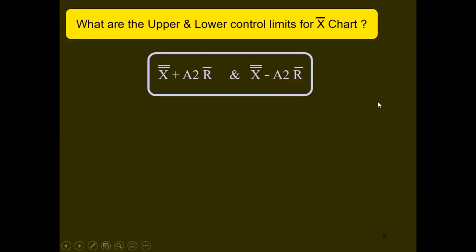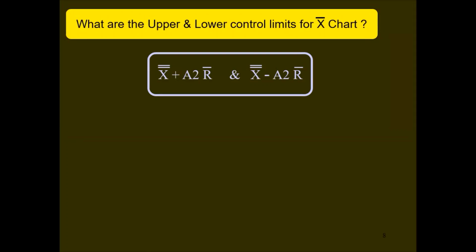Upper control limit for X bar chart, lower control limit for X bar chart. Yes, sir. UCL is 145.6261 and LCL is 135.69.